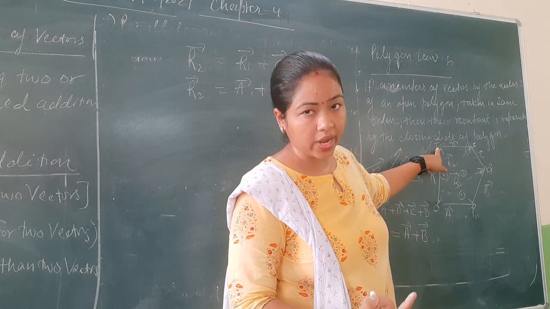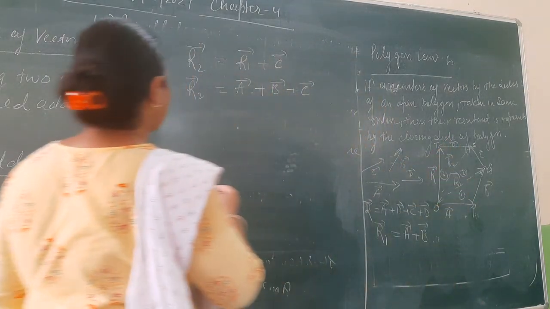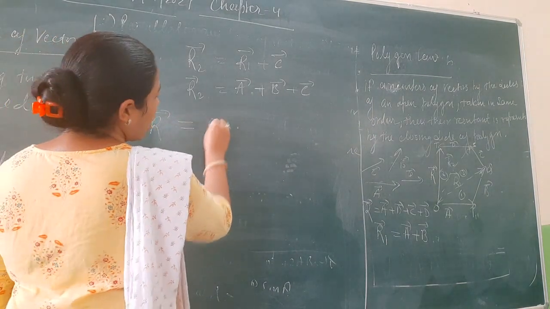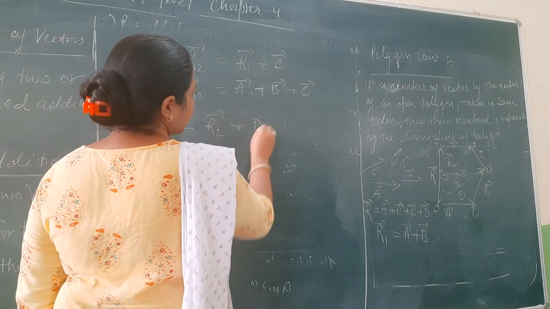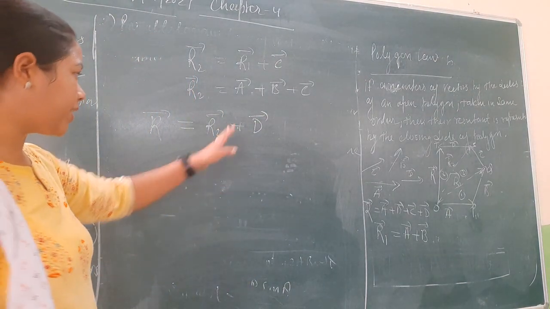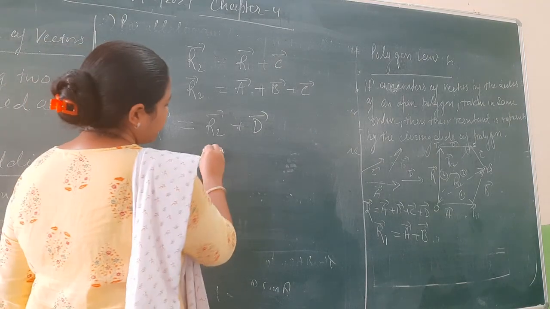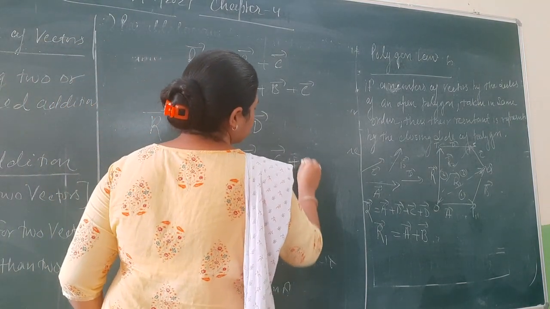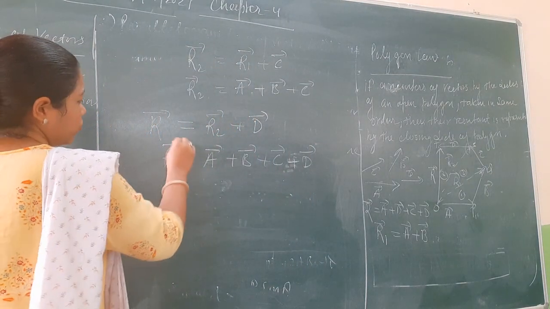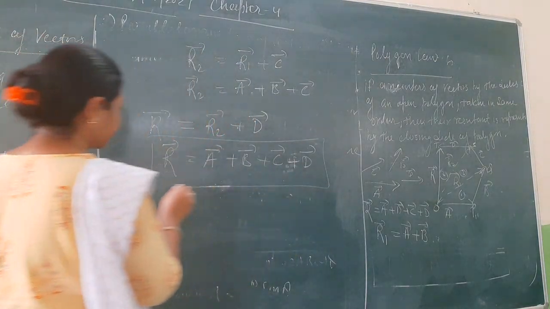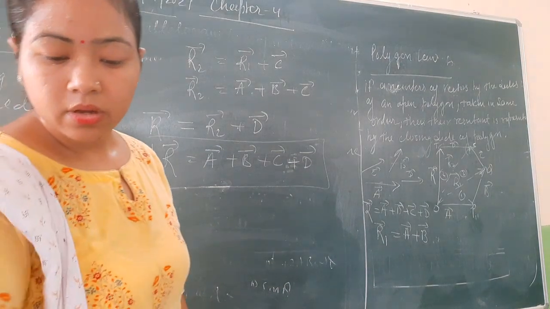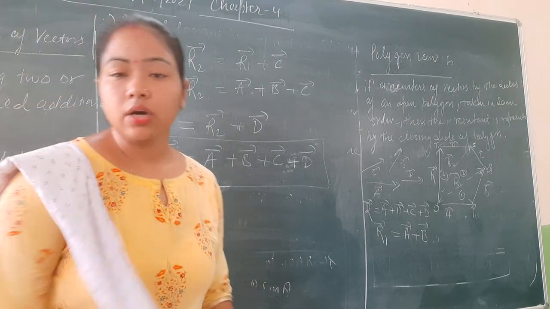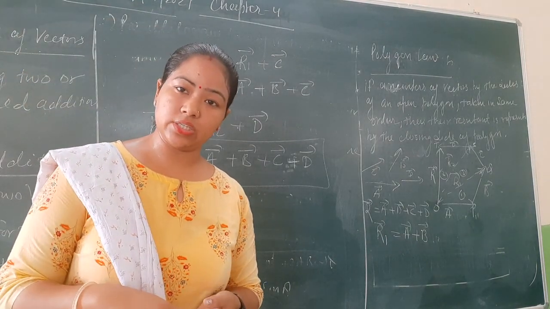Again we apply the triangle law, and vector R will be equal to the R2 vector plus vector D. Now we place the value of R2, and that will be equal to vector A plus vector B plus vector C plus vector D. And finally we get the value of vector R. Right, children? So this is all about the polygon law of vector addition.